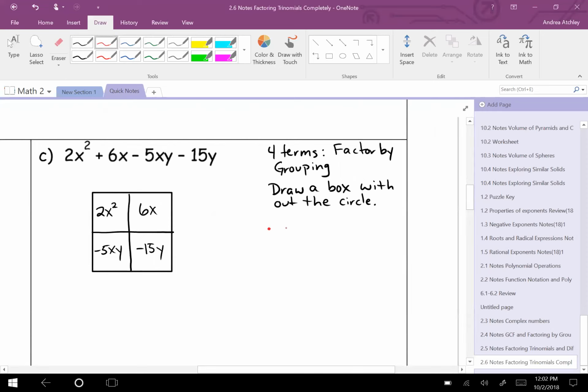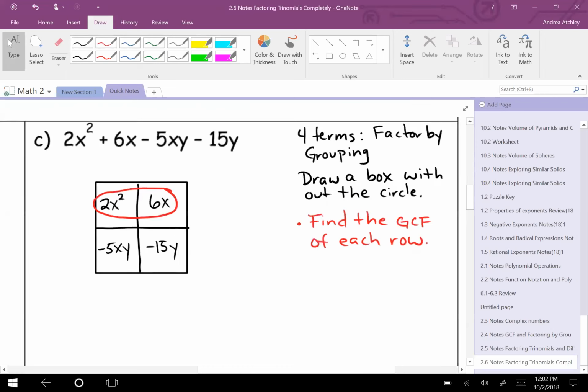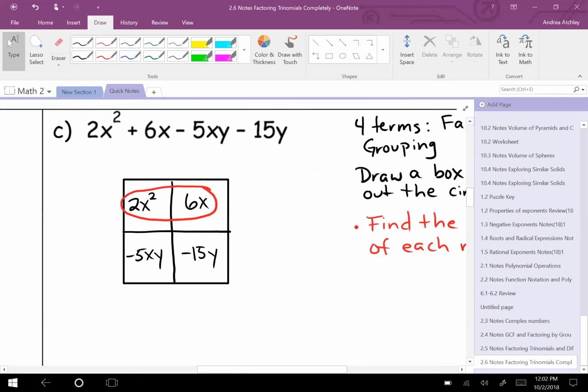Okay. You're going to find the GCF of each row. So you're going to group these two together and find the GCF there. What can 2x squared and 6x both be divided by? 2 and x.